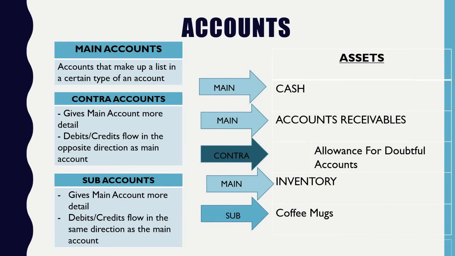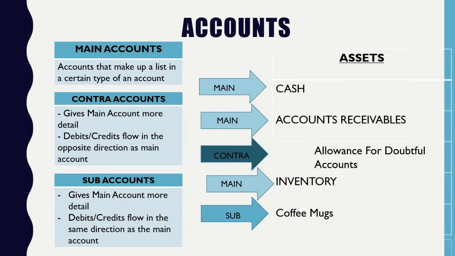Everything that falls under assets is a main account. For example, I have equipment, and I want equipment to be the main account. To expand on what types of equipment we have under equipment, that's where you utilize a sub account.